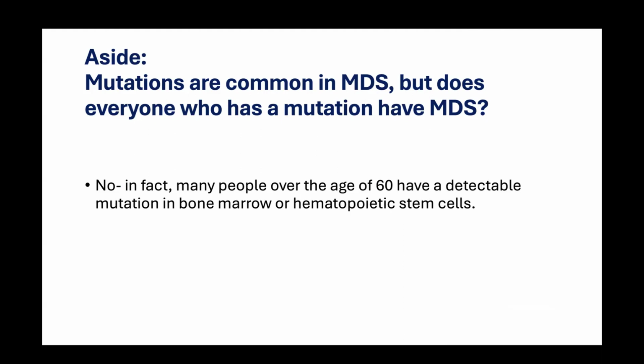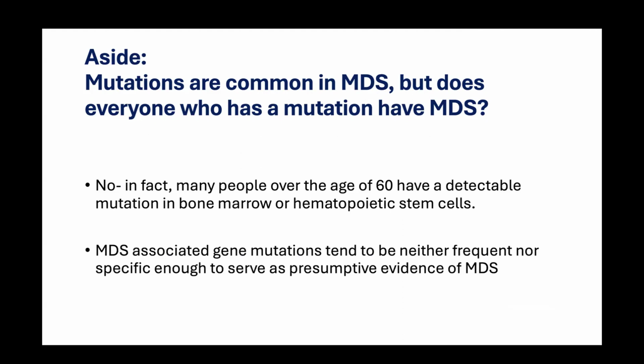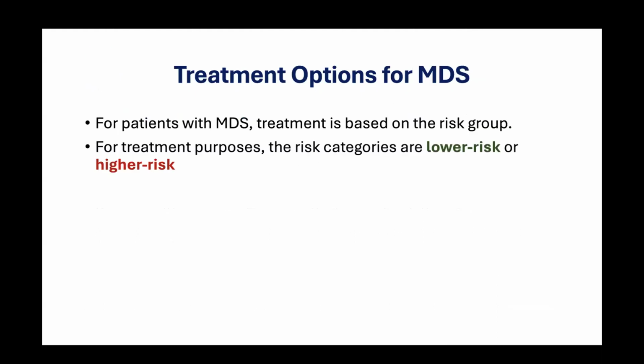So that itself is an entity which can be considered pre-malignant, called clonal hematopoiesis. But you need those other abnormalities to truly make it MDS. And that's why the bone marrow is still an essential part of our workup. And then these mutations are neither frequent nor specific enough to give us the diagnosis of MDS just based on the mutation.